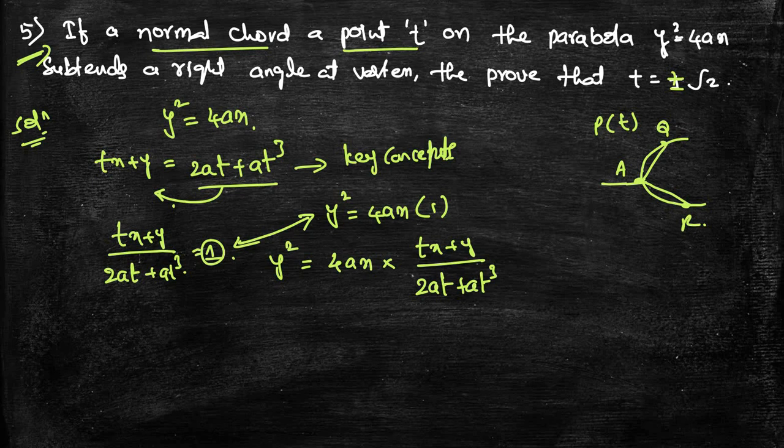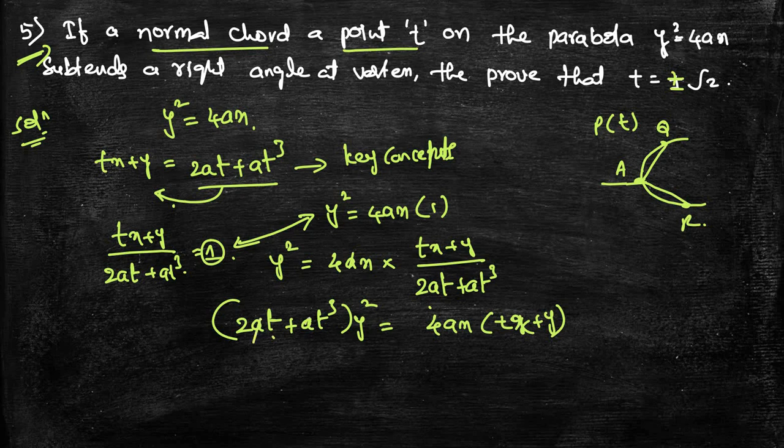Now I will take this denominator to the left side of the equation. So 2at plus at cube into y square is equal to 4ax into tx plus y. From this I will take a common, and both sides will cancel.